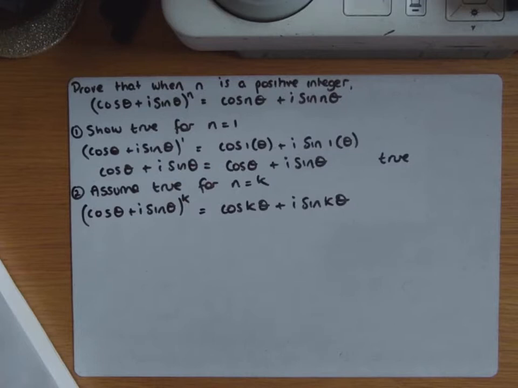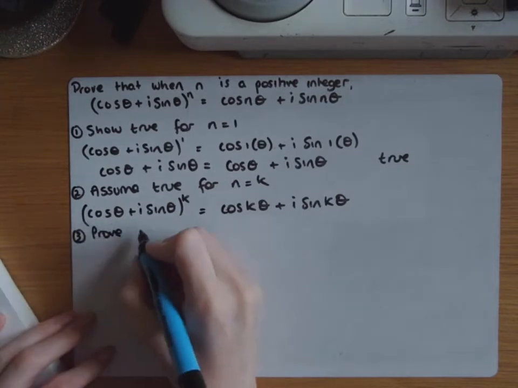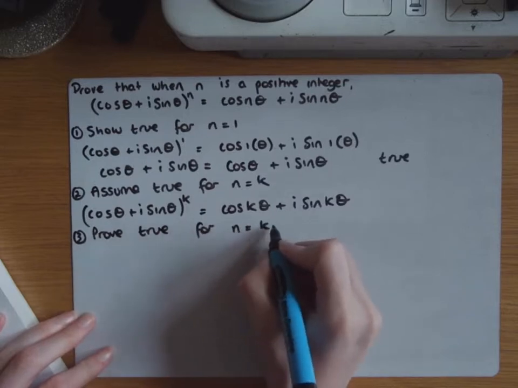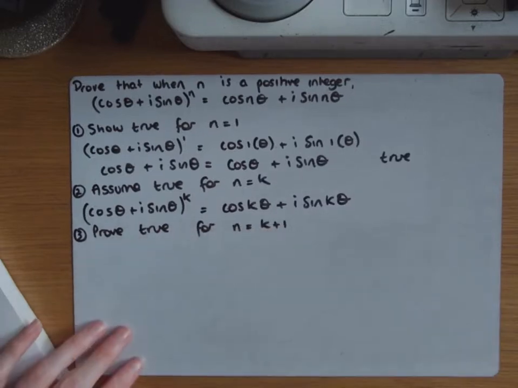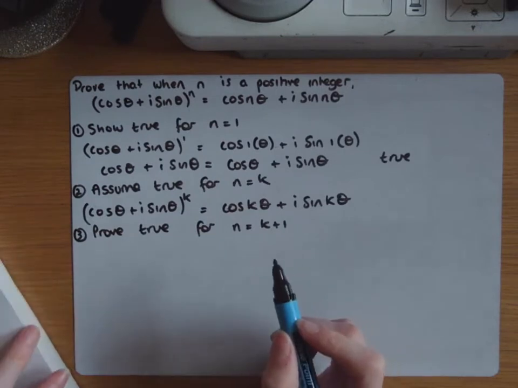Okay, and then the third one, we need to prove that it's true for n is equal to k plus 1. So anywhere I have k, I'm just replacing it with k plus 1.